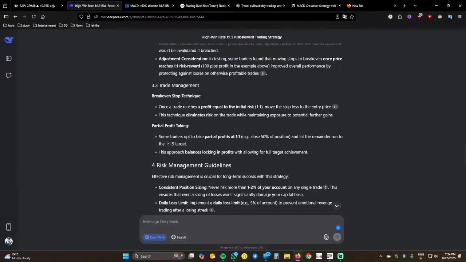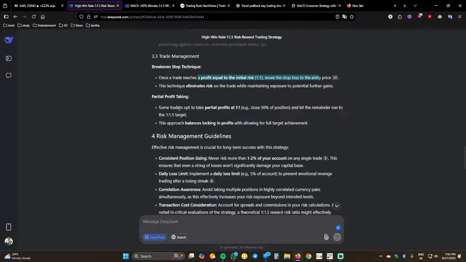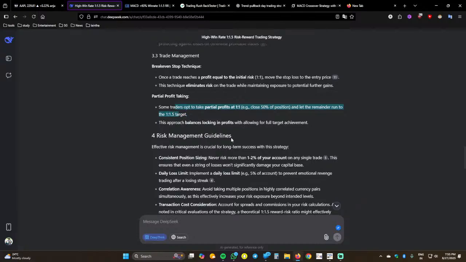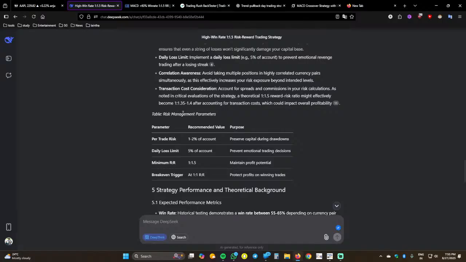So that can also be done. Trade management, as I mentioned: profit equals initial risk, 1 to 1, move the stop loss to the entry price, so that's break even. Partial profit: at 1 to 1, close 50% of your position and let the remainder run to 1 to 1.5. This can also be done.